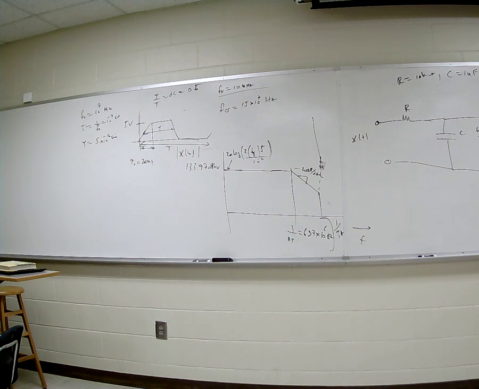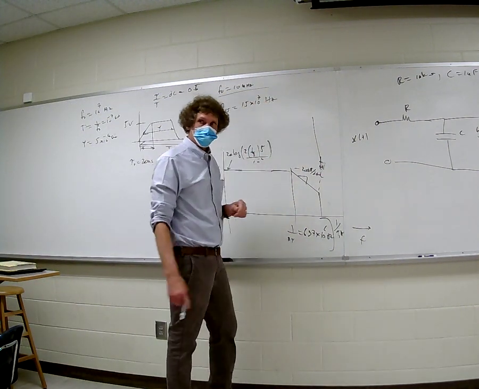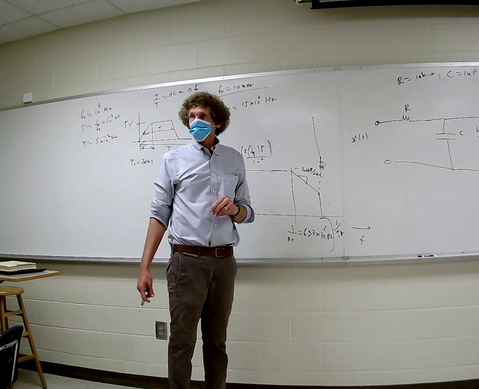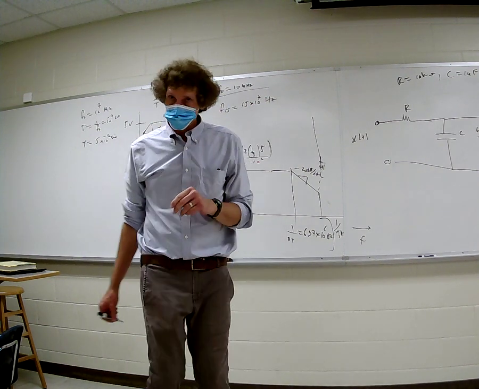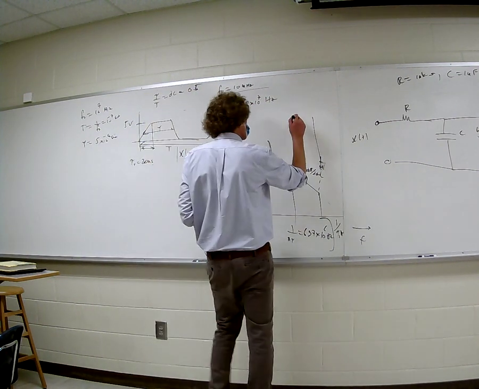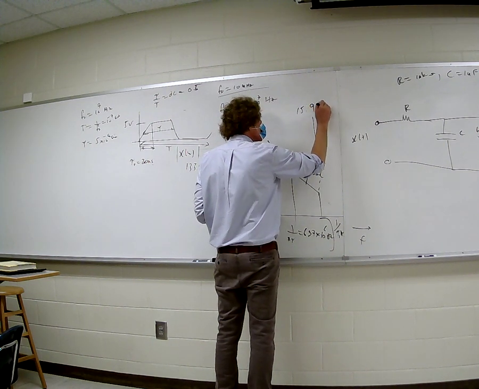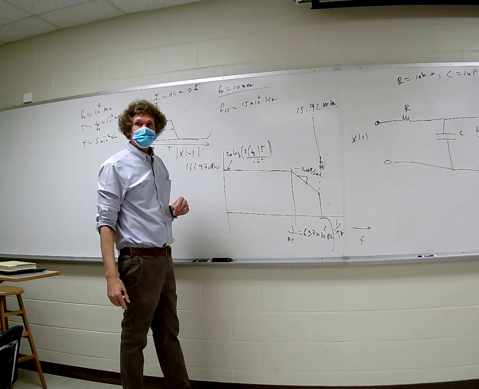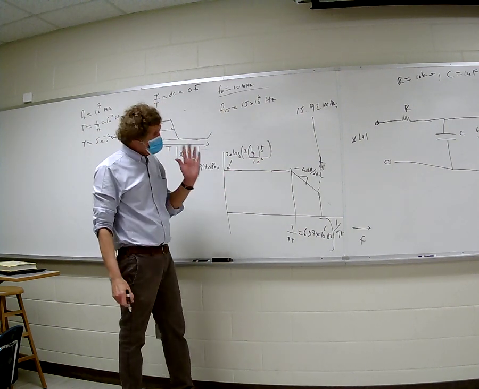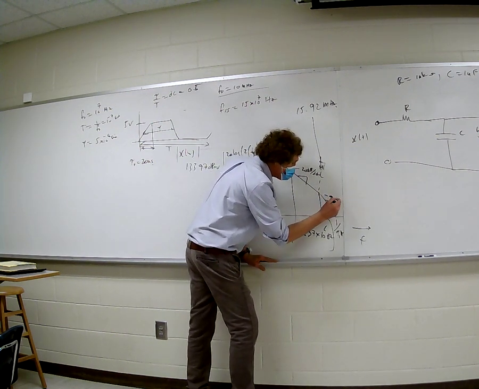After that point, it's basically dead. It's going 40 dB per decade. 1 over 20 times 10 to the minus 9, or 1 over 2 times 10 to the minus 8. So that's going to be 15.92 megahertz, 10 to the 6. You agree, class? Now, at that point, it's going to go from minus 20 to minus 40 dB per decade.